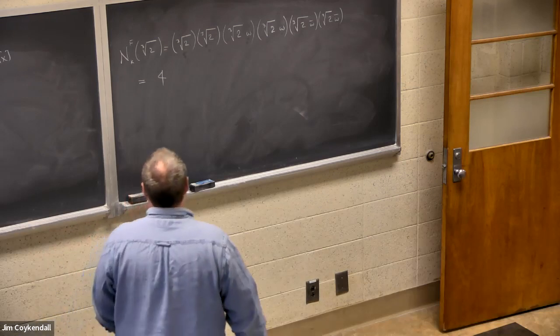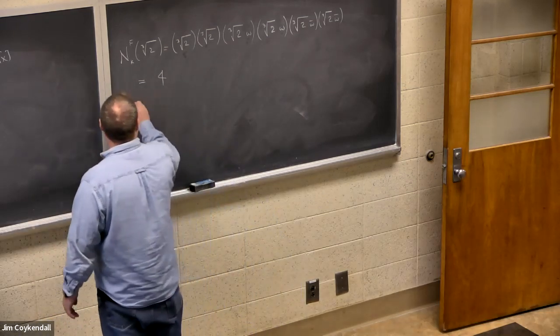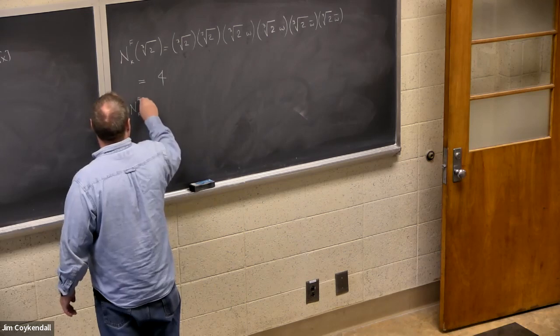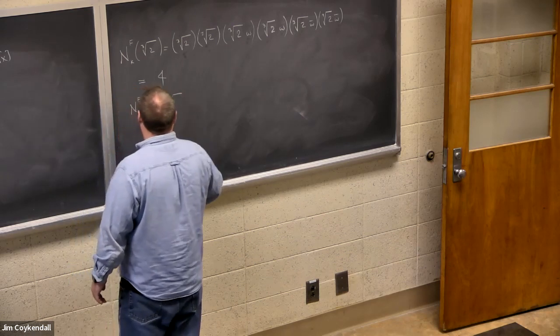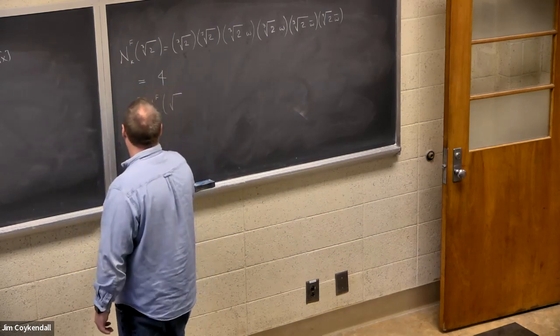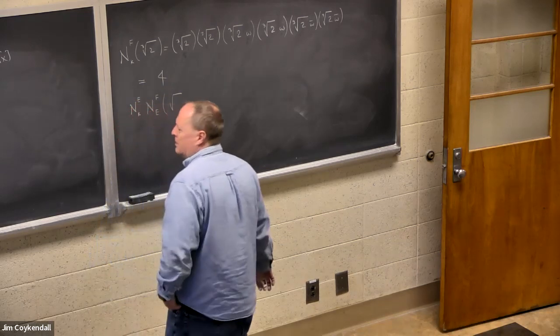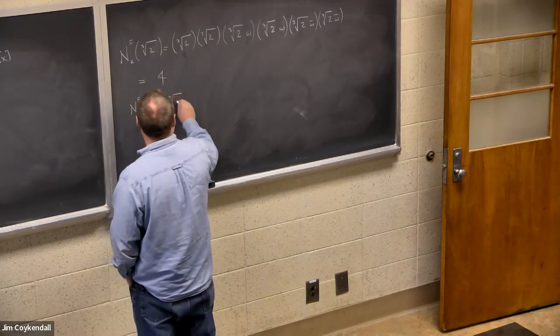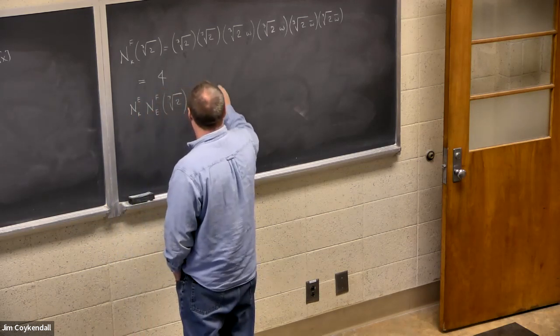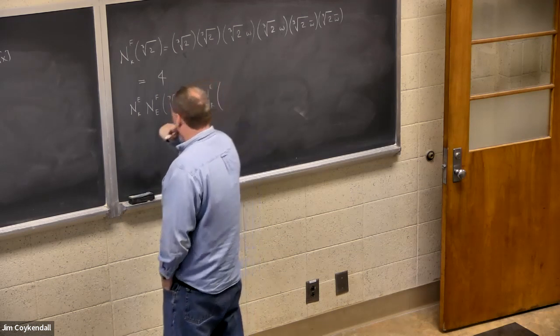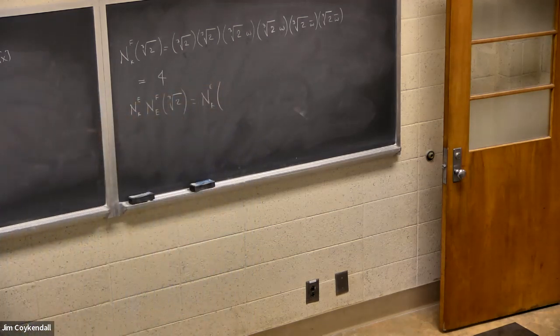Now let's notice a couple of things. Notice that the norm should be this. We figured out what this one was. This was actually the norm from F to E, of the cube root of 2.